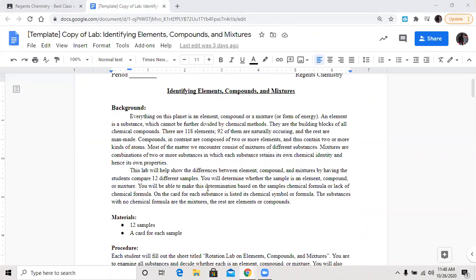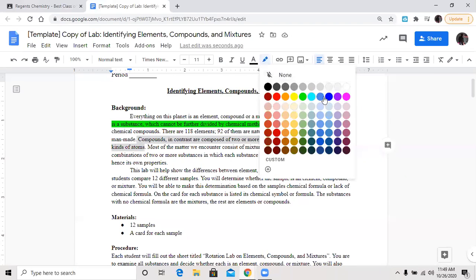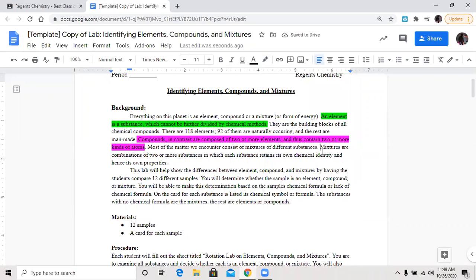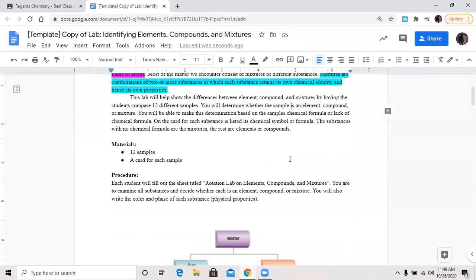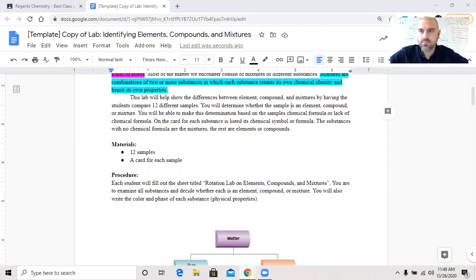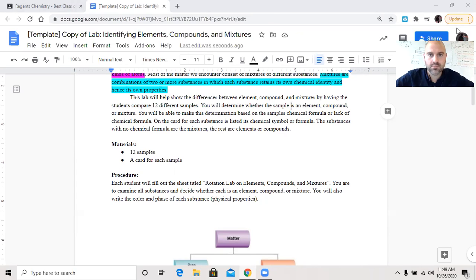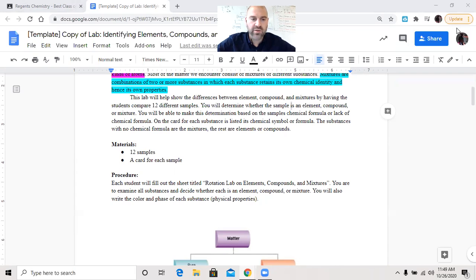Give them one more minute to read through this little section here, the first 3 paragraphs. All right, hopefully enough time to read through those first 3 paragraphs.